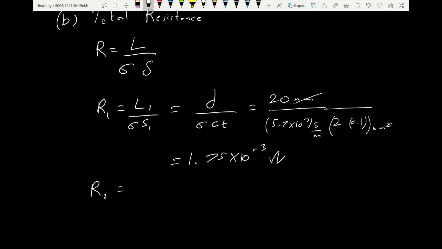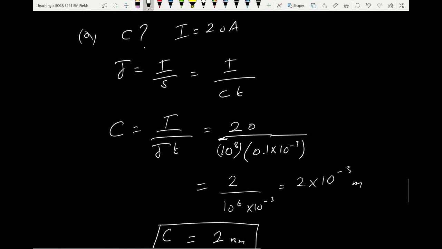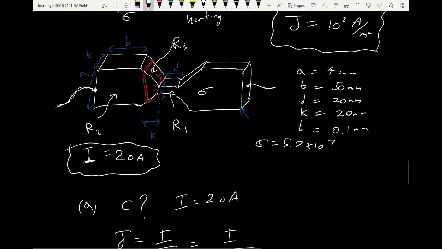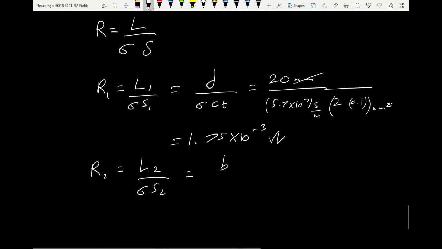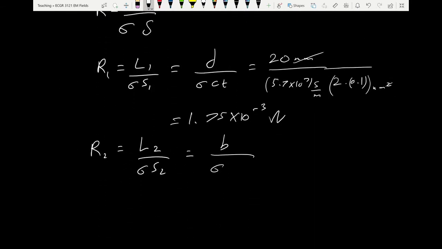R2 similarly is L2 over sigma S2. In this case, L2 is B, and the cross-sectional area is A times T, so it's B over sigma A times T. If you plug in all the numbers, you get 2.19 times 10 to the power minus 3 ohms.